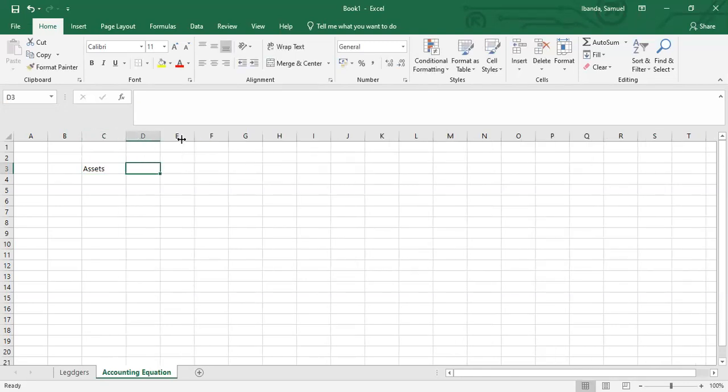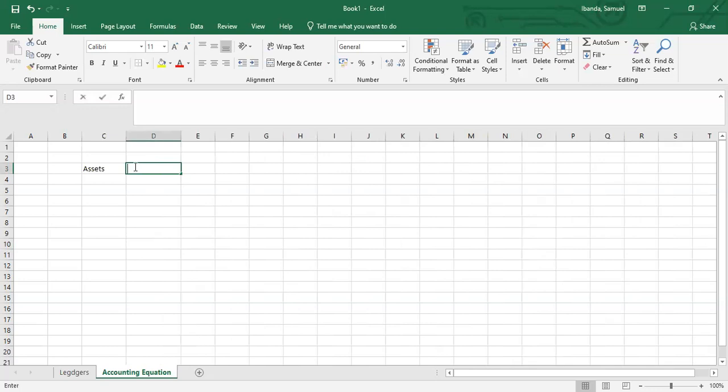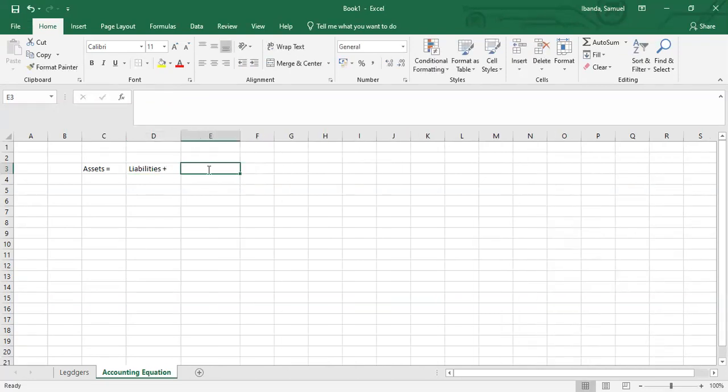We do the accounting equation: assets are equal to liabilities plus equity, or capital, owner's equity, whatever it is.